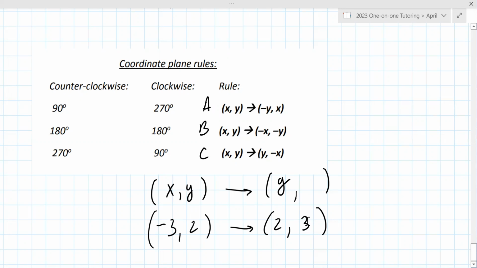What's happening there? It's just becoming a negative x. This is A. It's not A. Oh wait, it's C. It's C.